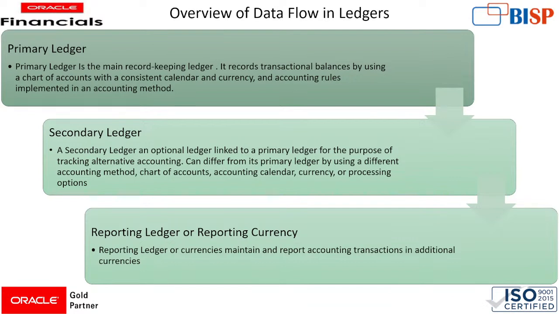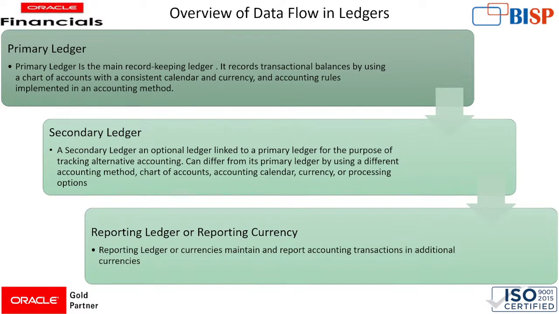And the secondary ledger is linked to the primary ledger. The secondary ledger is an optional ledger linked to a primary ledger for the purpose of tracking alternative accounting. It can differ from the primary ledger by using a different accounting method, chart of accounts, accounting calendar, currency, and processing options, right?